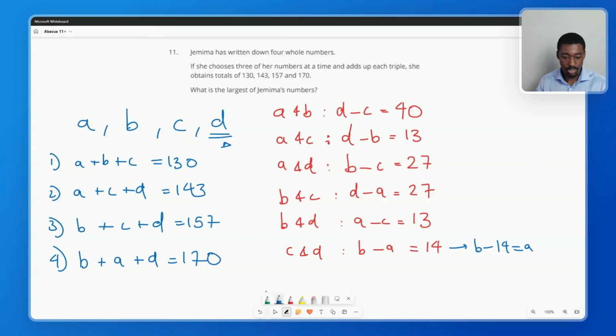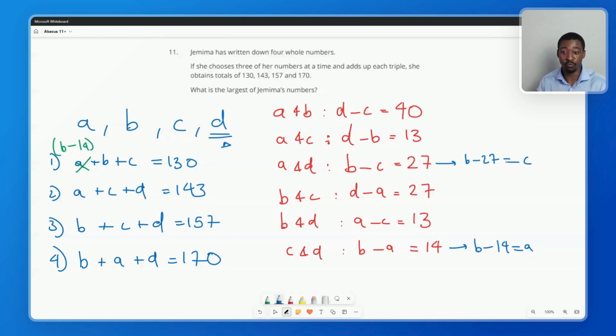And then we can use this to turn this into not A plus B plus C, but B minus 14 plus B plus C. And then we can also change out C, because we know that C equals B minus 27 right here. Add the C minus 27.